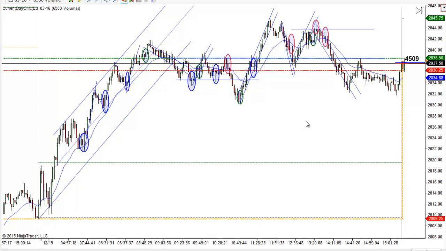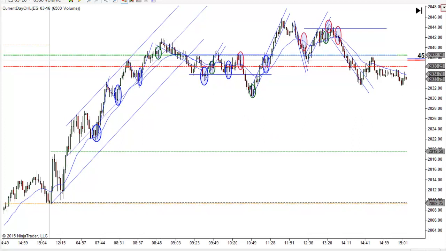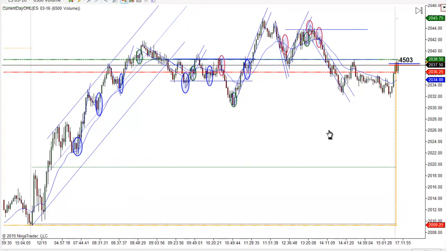But even then, they're not going to be the same, because tick charts and volume charts are not static, and they do not look the same at all times. Everybody's tick chart will be slightly different. Everybody's volume chart will be slightly different. Some of these trades will look great on my chart. Others will look better on your chart. But in the end, it all works out in the wash.